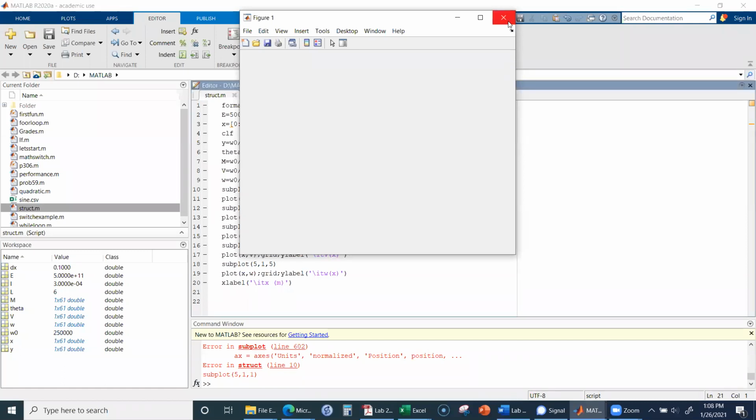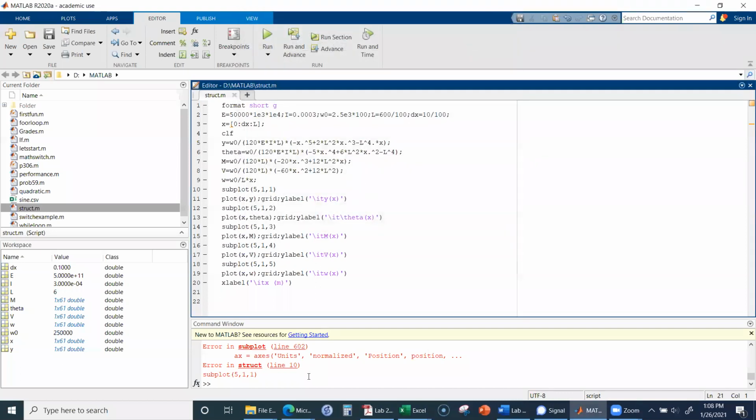So there is some error. This is the problem in the programming language.